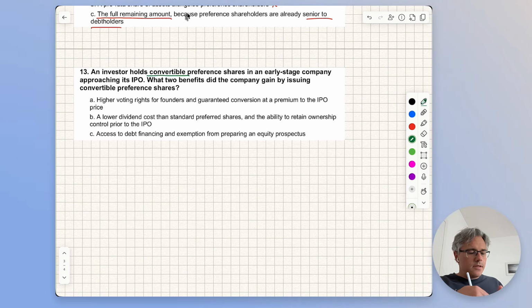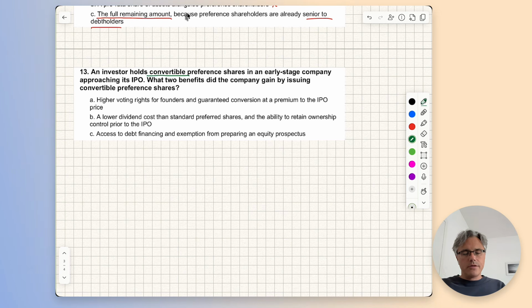What that means is that at some point, those holders of the convertible preference shares will be able to convert into ordinary shares. And by doing so, that ability to convert gives them the upside potential associated with increases in company value.